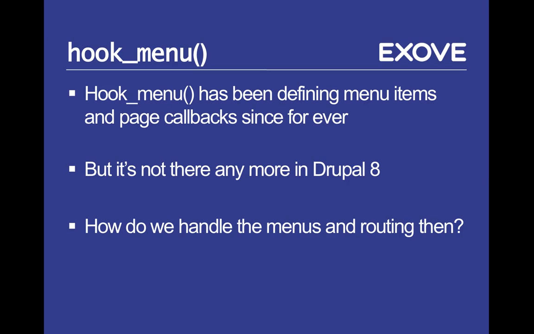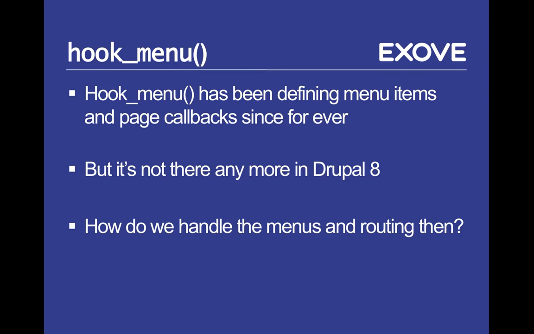But in Drupal 8, there is no more hook menu. The things are different, and what I'm trying to cover here is what things to look for and how to do things without hook menu.